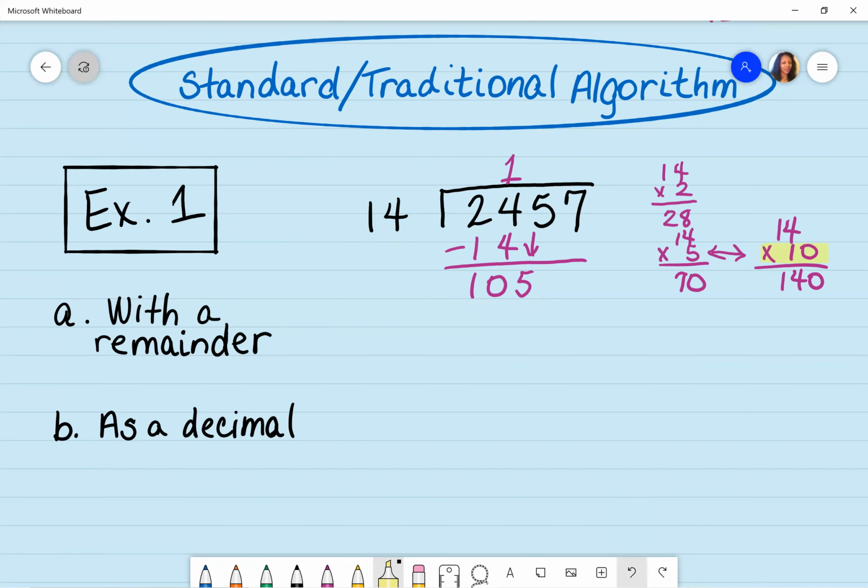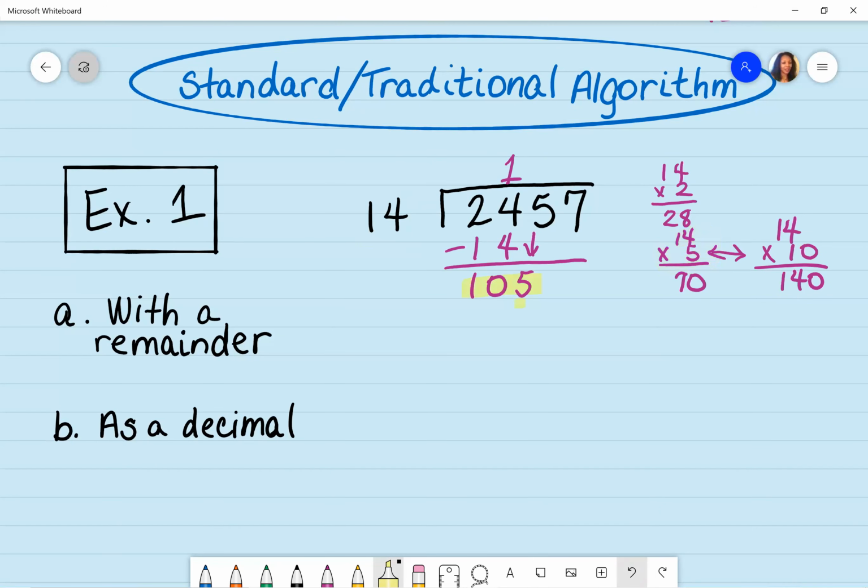And what that simply means is one times whatever your divisor is, which in this case is 14, and then you just bring down the zero. So that way it helps you to try to find a range. Is this number closer to 140 or is it closer to half of that number? So that's what you're doing right now, right? Mm-hmm. Okay, go ahead. Sorry, I just wanted to clarify for those people who didn't understand where you were getting those numbers from. It's okay.